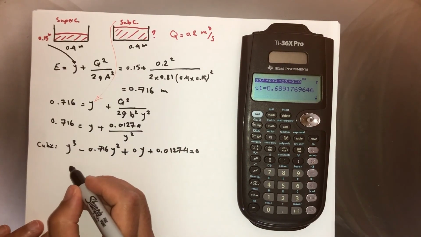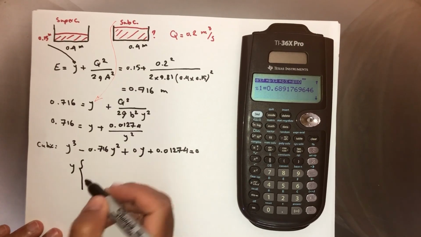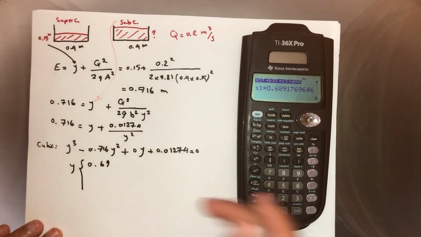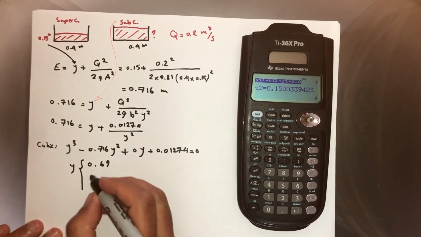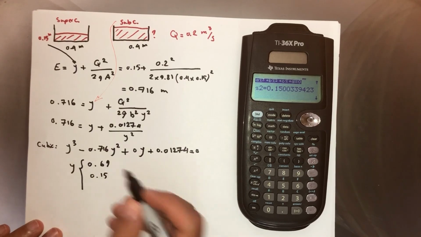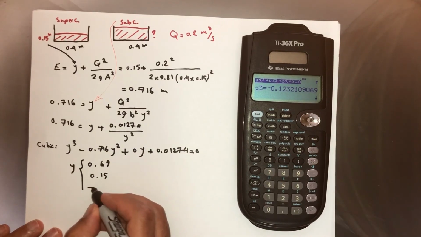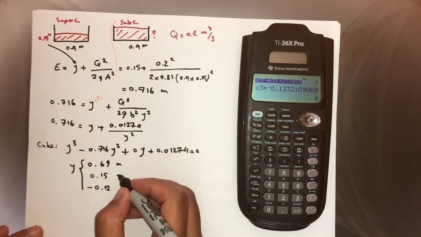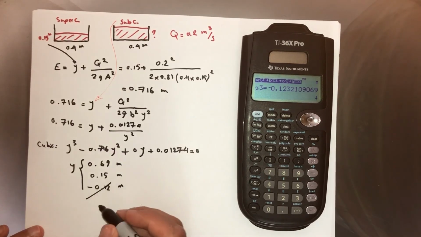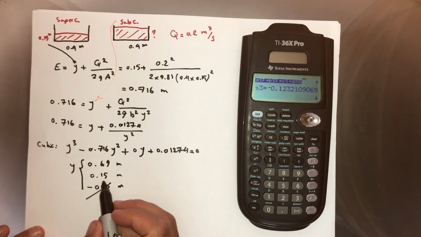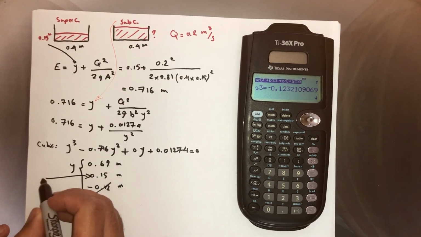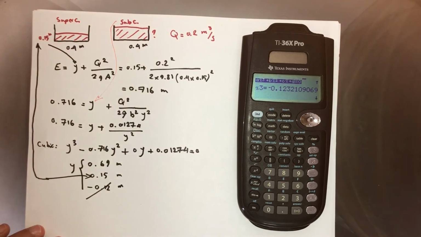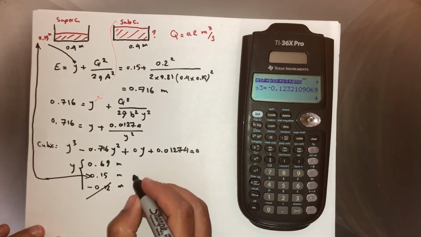So for depth, you have 0.69. If you go down, you have 0.15, and if you go down, you have a negative number, which is useless, all in meters. So this is not the answer. This is actually what we started with, our depth at the supercritical.